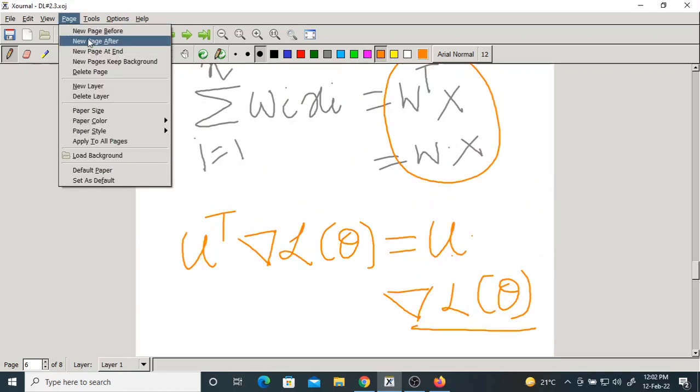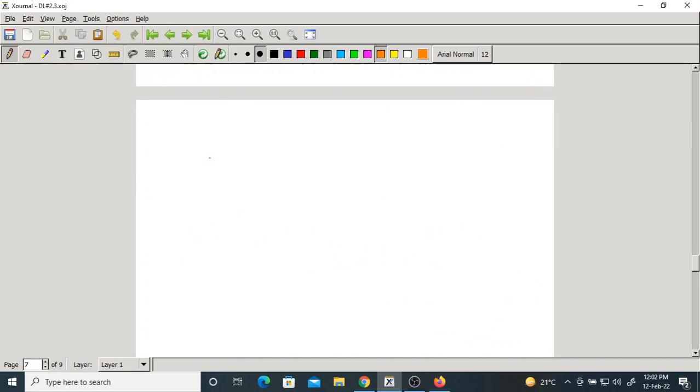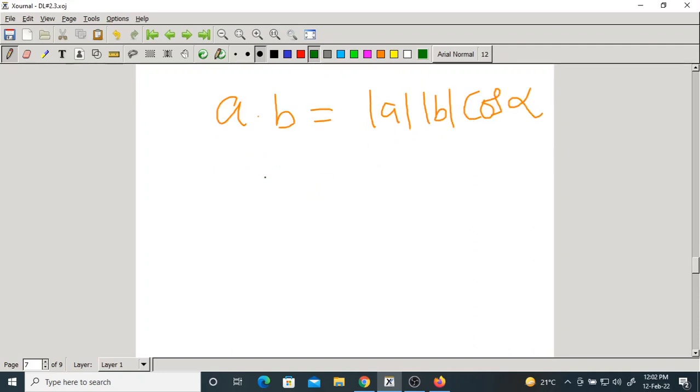Okay. Now suppose I say a dot b, what is this? Mod a into mod b into cos of alpha, let me take here. Correct? What is cos alpha? It's the angle between a and b. Now can you tell me what is the range of this a dot b? It depends upon cos alpha, because mod a and mod b are anyway the magnitudes of a and b. What is the range of cos alpha?